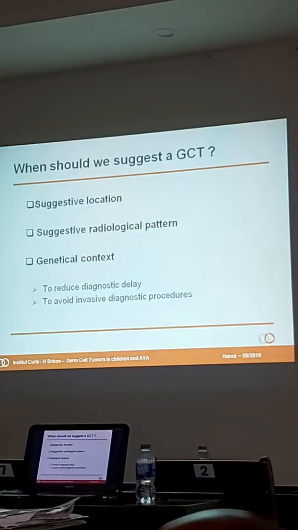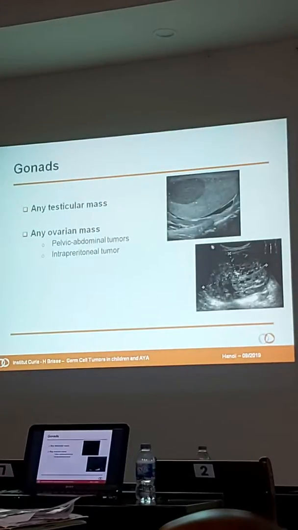And it is very important to be able to think about this tumor, because if you have secreting tumors, it's very easy to get the diagnosis by a simple blood test with marker serum levels dosage. So it's important to remember this to avoid surgical approach or invasive biopsy, because sometimes it's very easy to get the diagnosis by a simple blood test.